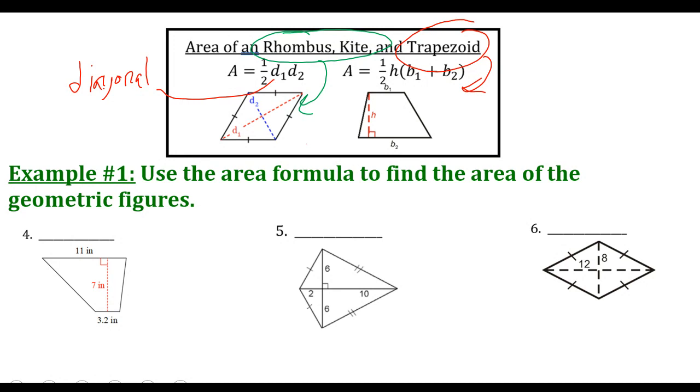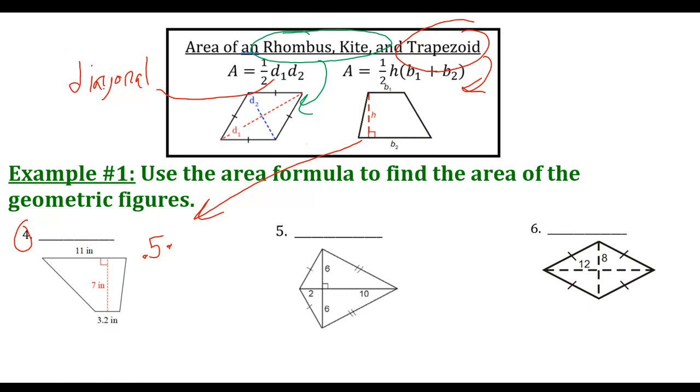This first one, right, looks like a trapezoid. It looks very similar to that. So we're going to use this formula over here. 1/2 times the height times the quantity, base 1 plus base 2. So 1/2. If you really want to rewrite it as 0.5, that's fine. That's why it's easier on the calculator.